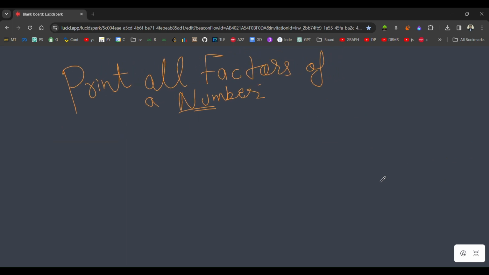So let's say a number is given to you, maybe 16. What are the factors of this number? 1 can divide 16. Yes, 1 can divide. 2 can divide 16. Yes, 2 can divide 16. 3 can divide 16. No, 3 cannot divide 16 completely.